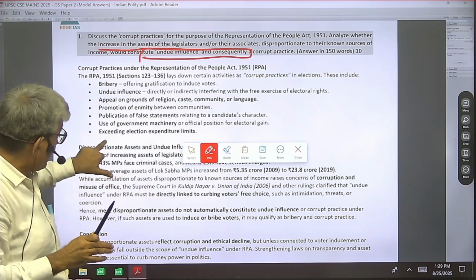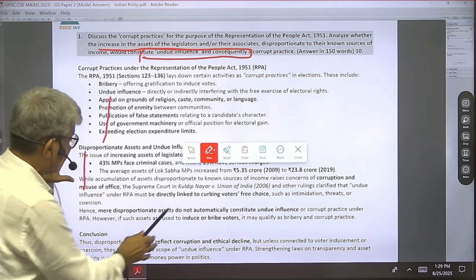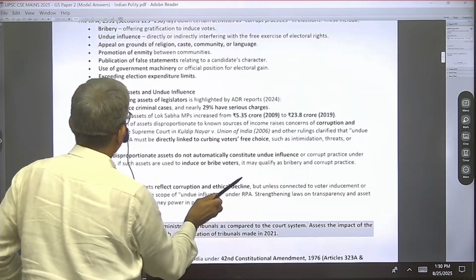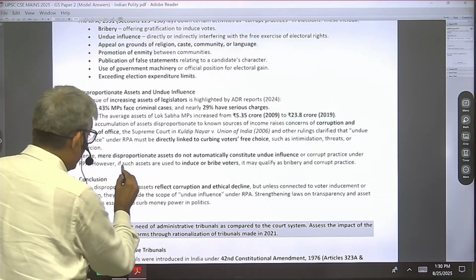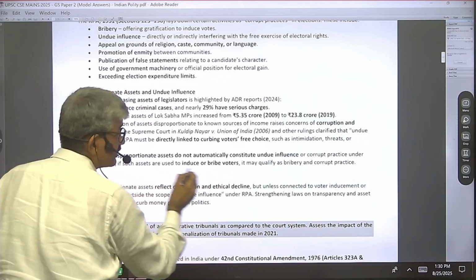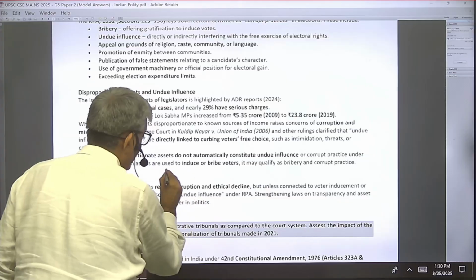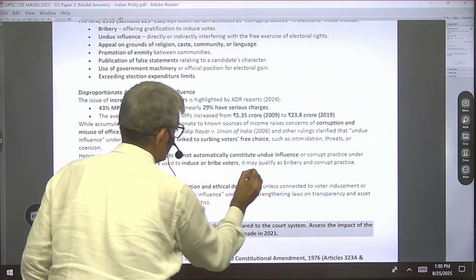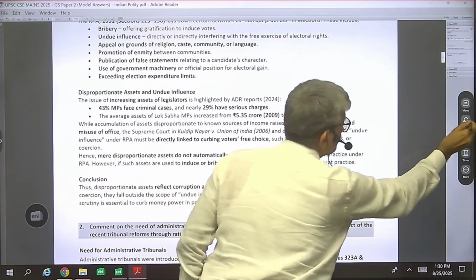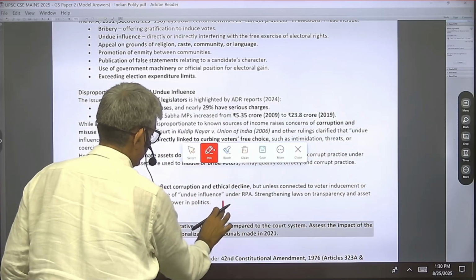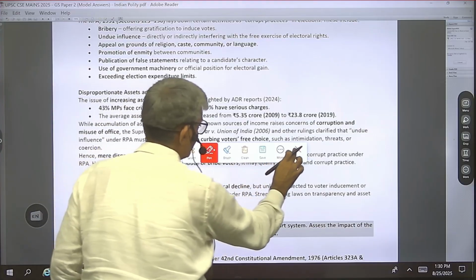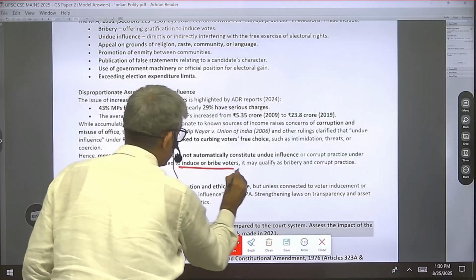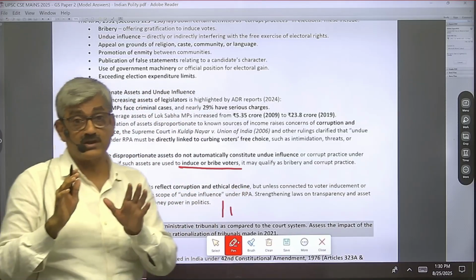And these corrupt practices really become corrupt when they are induced, when they are used to bribe voters or not.